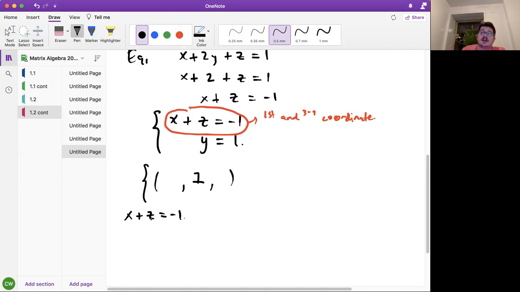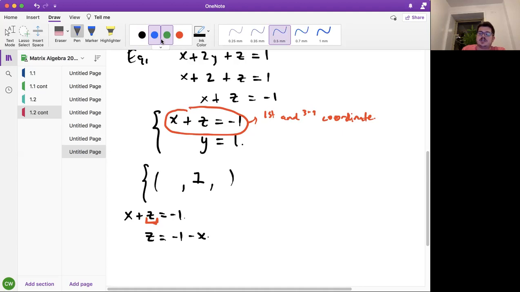Why don't we solve for x? Because maybe we'd like our first variable to be free. Sorry, why don't we solve for z, because that would make x the free variable. So we have z is equal to -1 minus x.